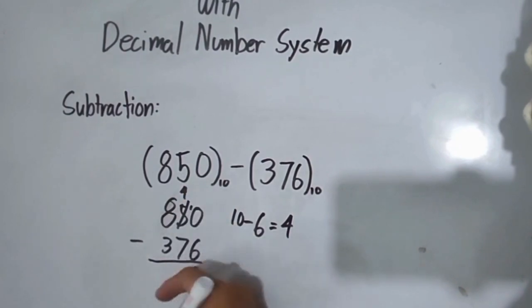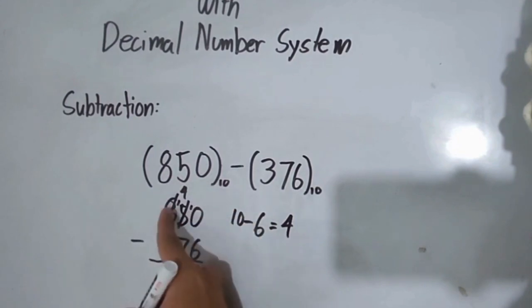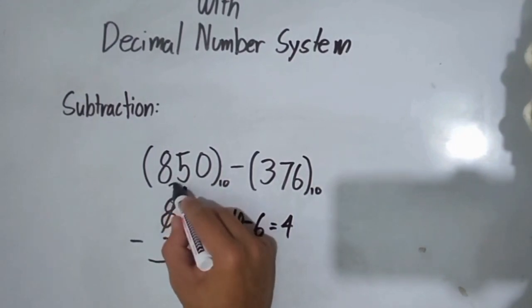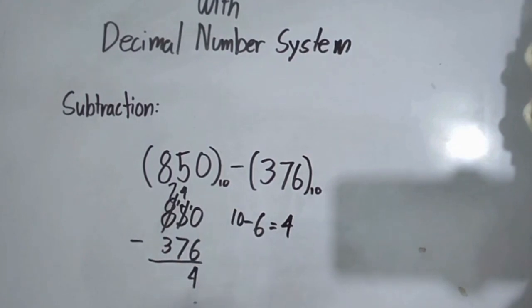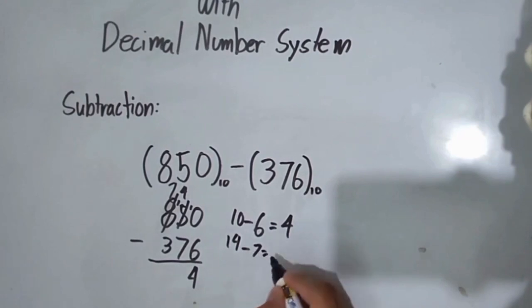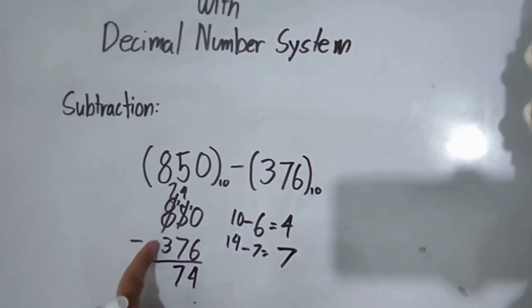We also can't subtract 7 from 4, so we borrow again. Fourteen minus 7 is 7. 7 minus 3 is 4, and now we have the answer 474.